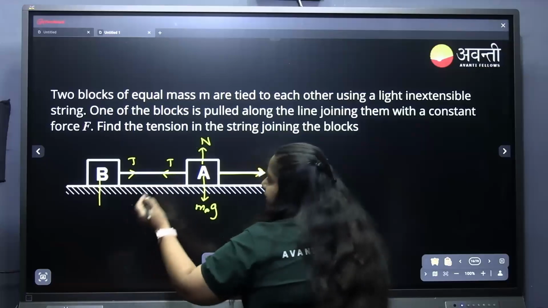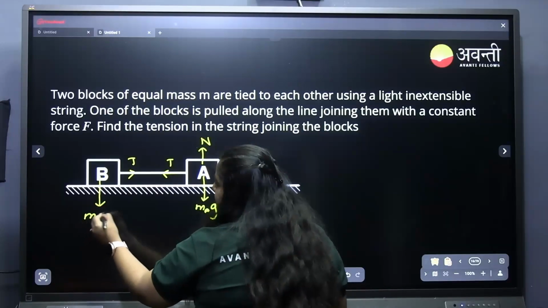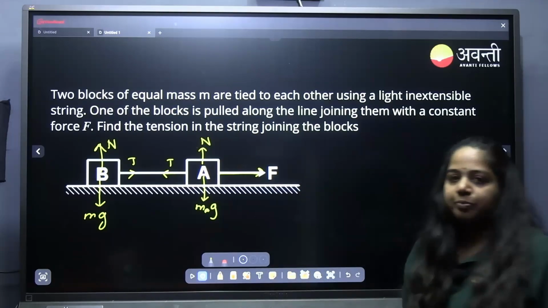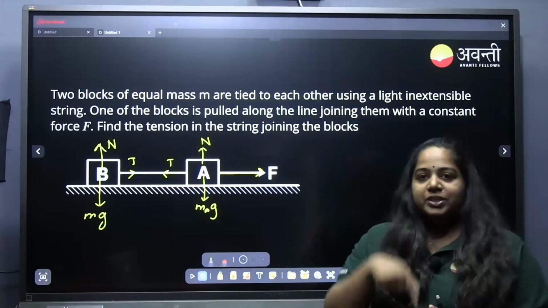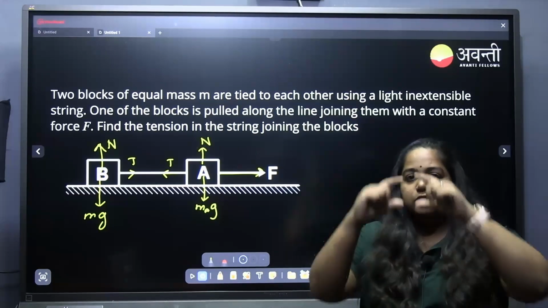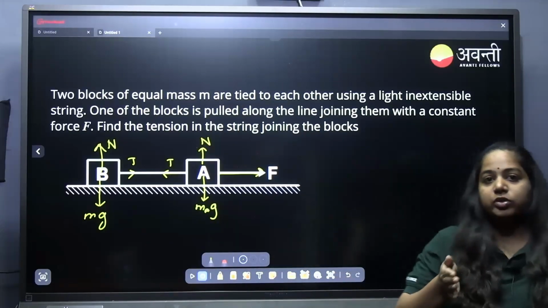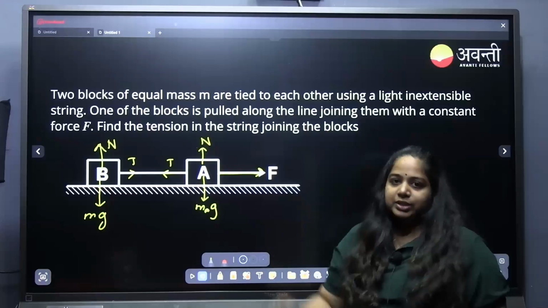Here tension is acting in this direction, downward direction mg is there, upward direction normal force is there. So normal force and mg cancel out. That is why there is no motion in vertical direction. The whole system is moving in horizontal direction only because of force F.